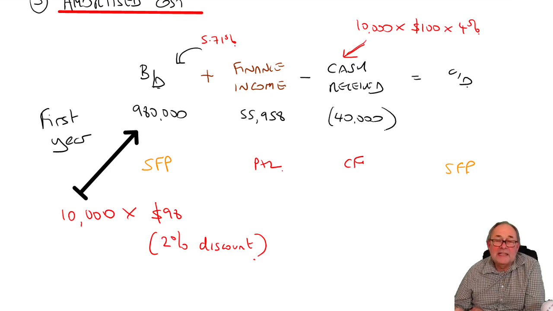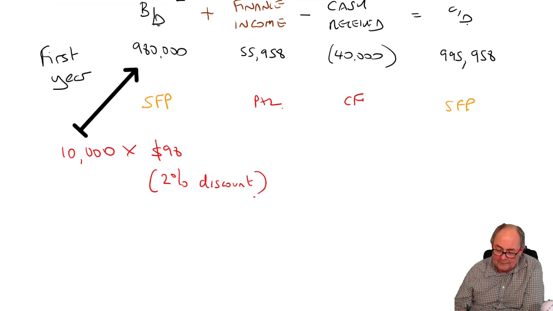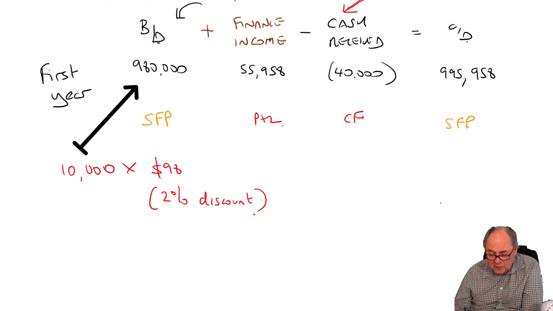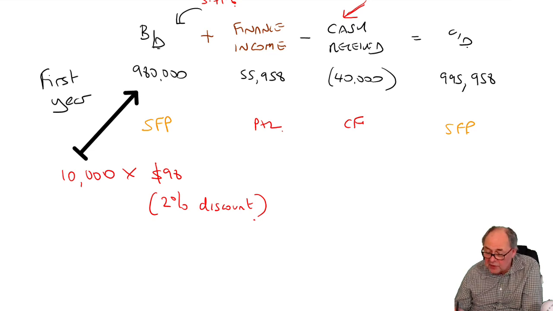So if I extend that, I can get the figure in the balance sheet at the end. And I think the figure in the balance sheet, if I've not made a transposition error, would be 995,958. For those of you that like journals, I'll write them underneath.